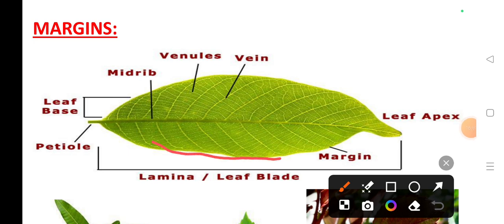You can see this is the smooth edge. Okay, this is called the margin. Sometimes it may be even, smooth or irregular in shape, or sometimes it contains teeth. So these edges are known as margins, and this is the midrib. The middle rib is called the midrib, and these small little lines are called veins.